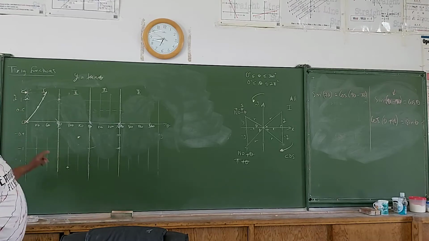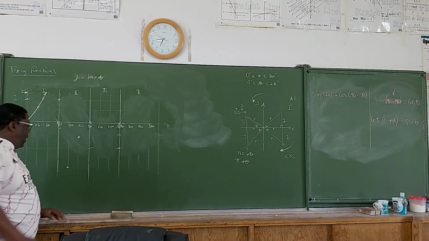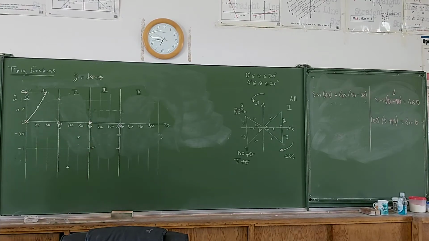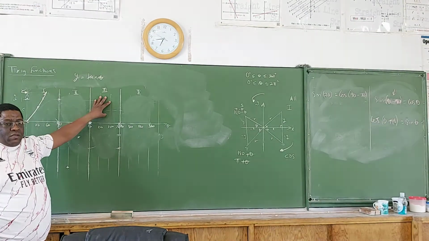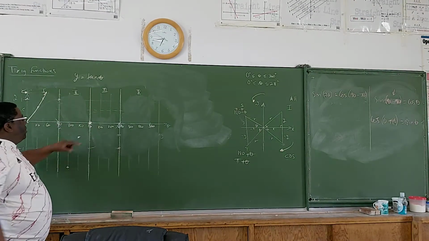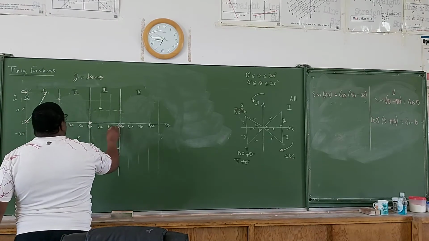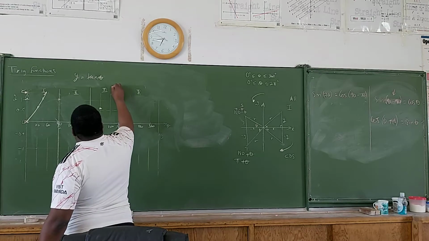Now, let's do 180. It will be 0. Okay, good. Let's do 210. Now we are in the third quadrant, and in the third quadrant, tangent is positive, yes? So 210 will be 0.6. 240 will be 1.7, goes up. You agree?